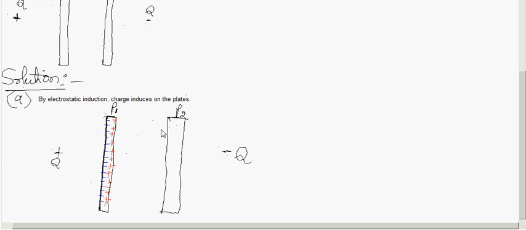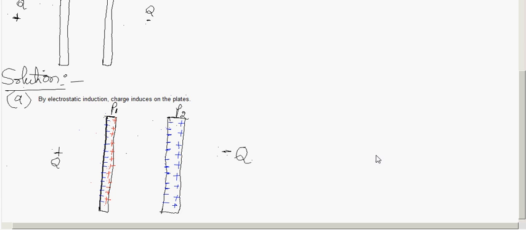So on this side all positive charge will be there, and all the negative charges will be on the other side. Now here this is plus and minus, so they start attracting each other. So by electrostatic induction, the charge gets induced in the plates, and it will be as shown in this figure.